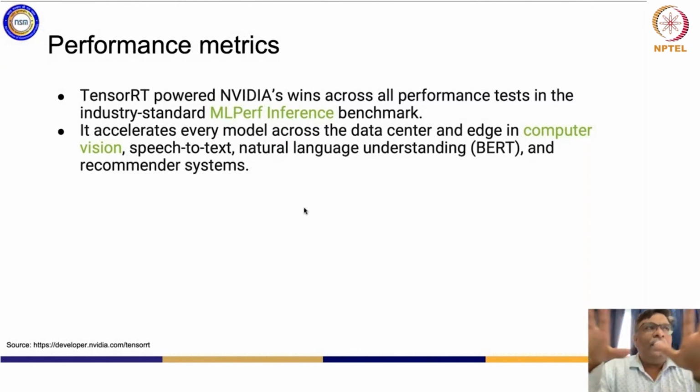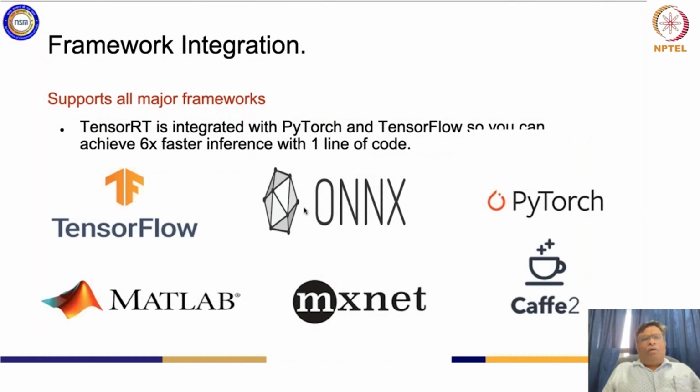So all of this could actually be done, okay, on the edge devices using TensorRT optimizations, right? So it supports all major frameworks. TensorRT is integrated with PyTorch, TensorFlow, and you can achieve 6x faster inferencing with one line of code. So this is the basic idea. You can actually integrate everything.